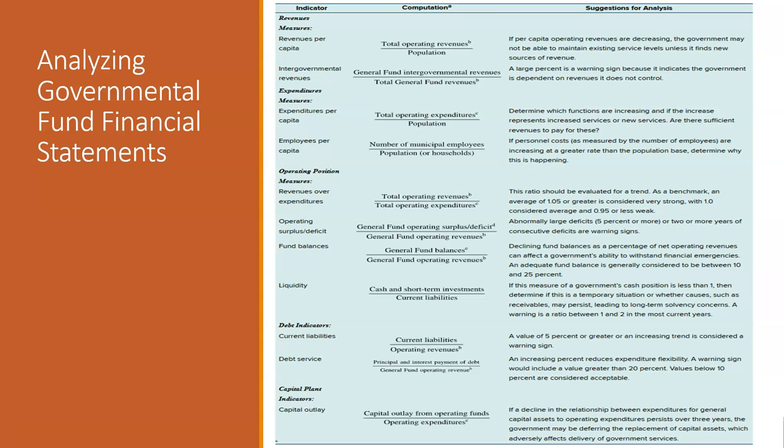As you can see, this is similar to financial statement analysis for a business entity. A little bit different because we're looking also at service of citizens. So we have a little bit different purpose for existing with a governmental entity than a business entity.